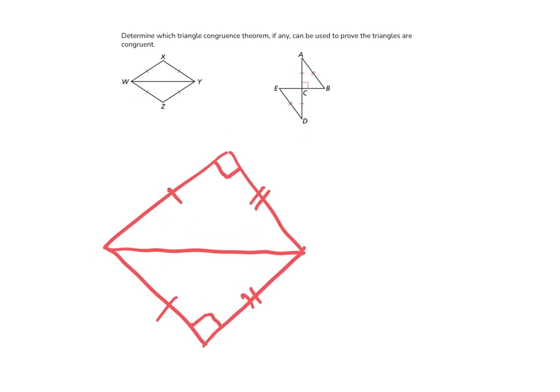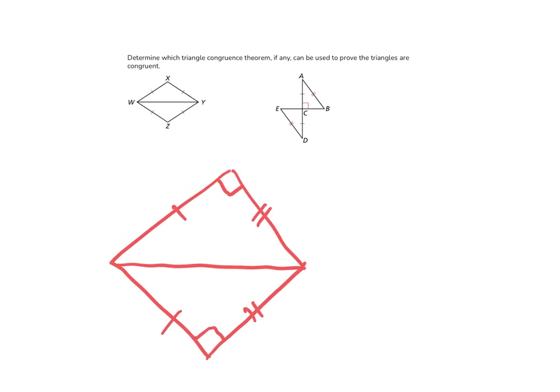Okay, look at them, and the three that we have now talked about are side angle side, side side side, and the HL. Can I use any of those three to prove the triangles are congruent? I'll give you a couple minutes to take a look at all three of these.